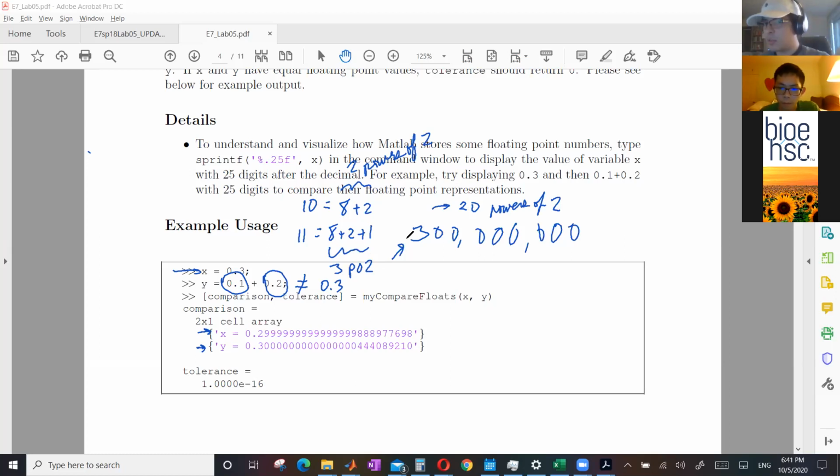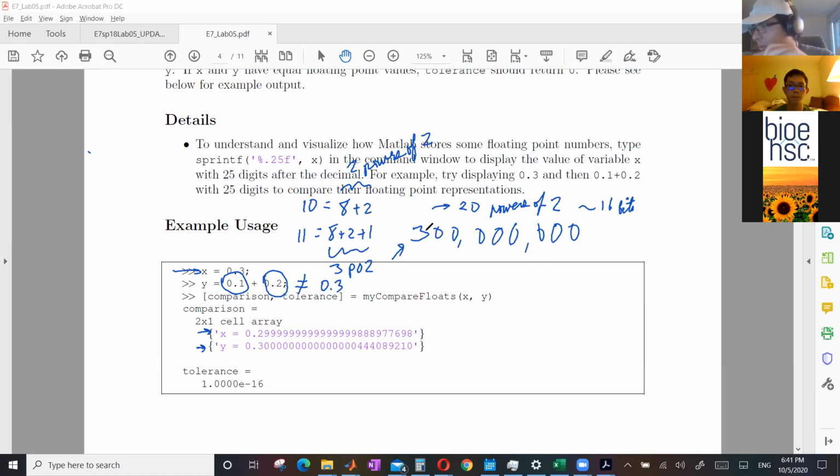So to represent this number, I would probably need 20 powers of 2 or so. And a computer has just, I think, 16 bits of memory for a single double number. Probably the computer won't be able to compute this number exactly, so it approximates it as close as it can.